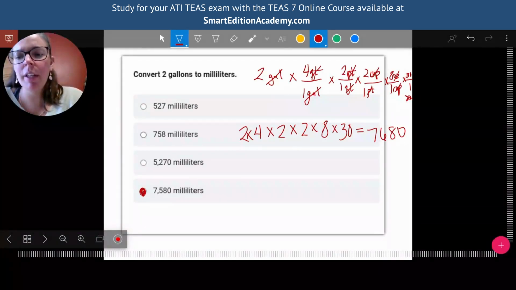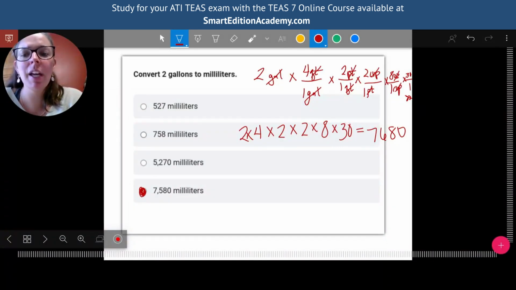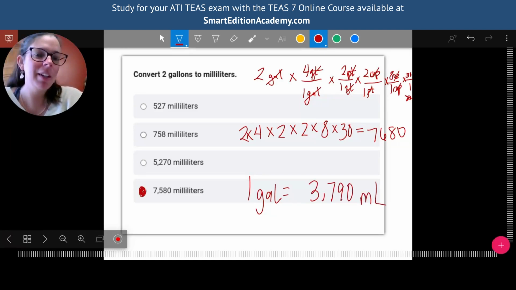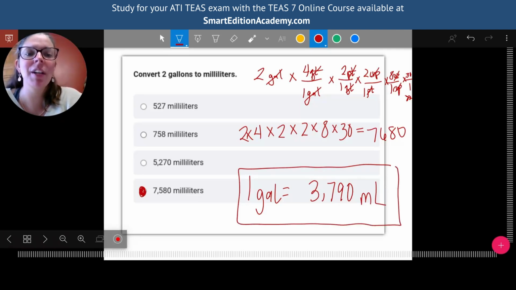So what conversion are they using here? We can write this down, and maybe this is something we can add to memorize: 1 gallon is equal to 3,790 milliliters. This may be a conversion you want to add. I don't know how often it comes up.